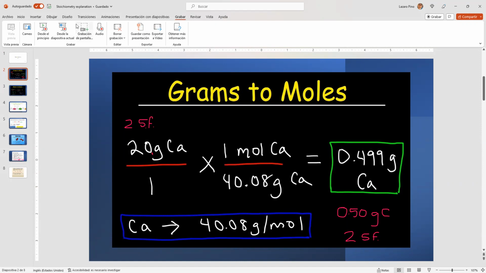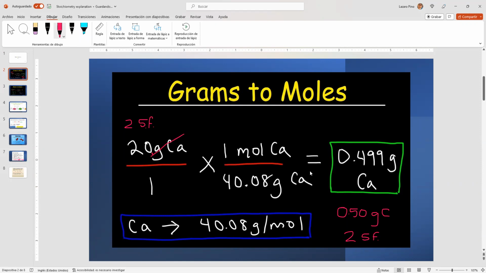So you can cancel grams of calcium with grams of calcium, and at the end you have the result of the operation in moles of calcium. That is what you are needing in this case.